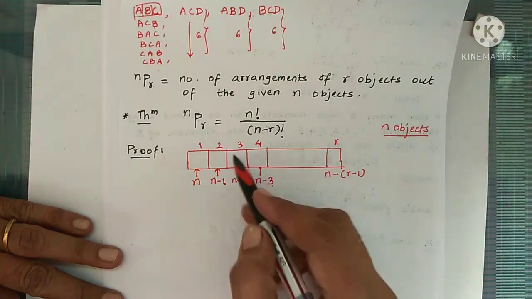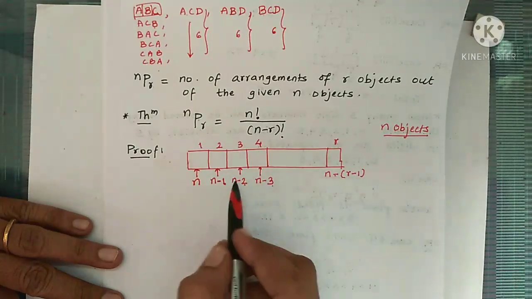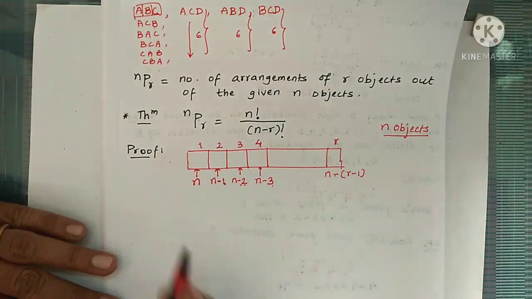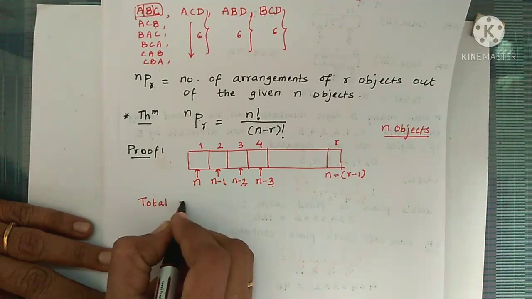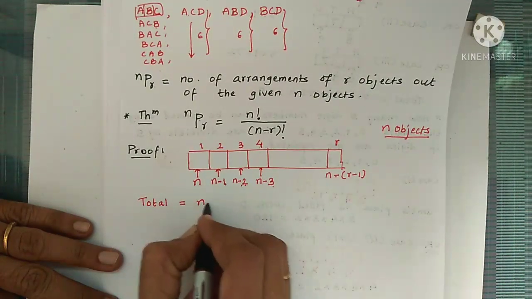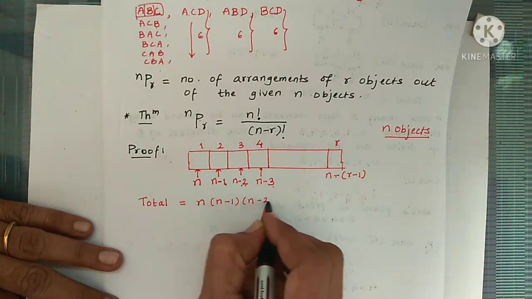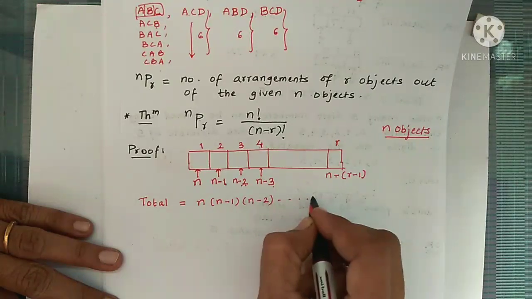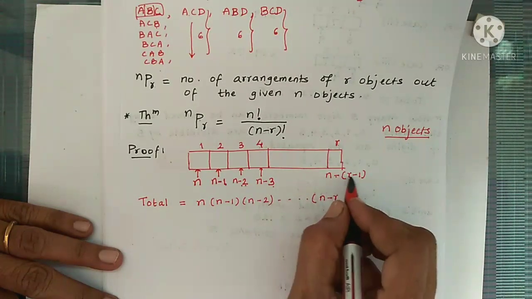See, let's check now. If it is 3, then it is n minus 3 minus 1. That is n minus 2. It is correct. So the total number of ways is we have to multiply all these numbers: n minus 1, n minus 2, n minus 3, and removing this bracket, we have to change signs of both the terms.